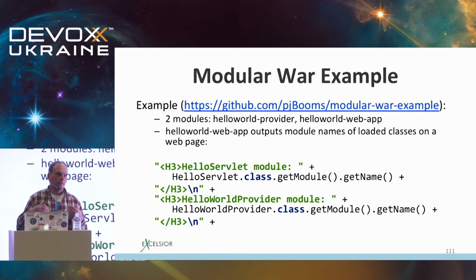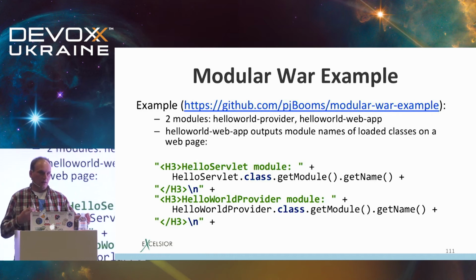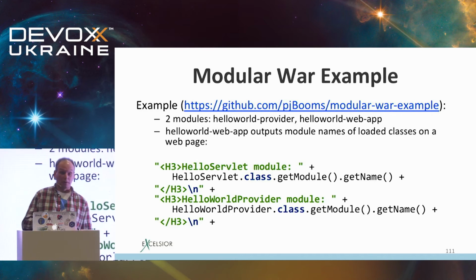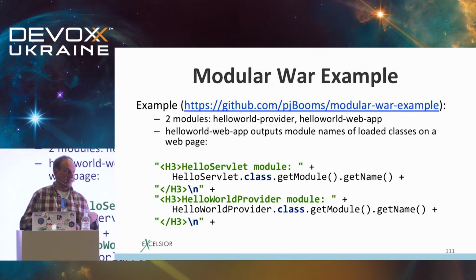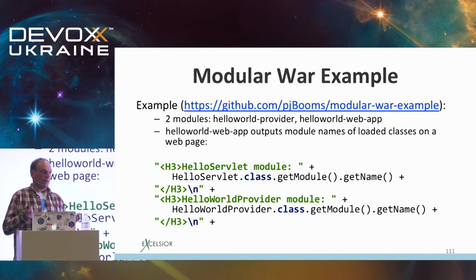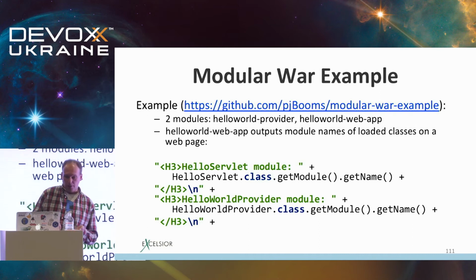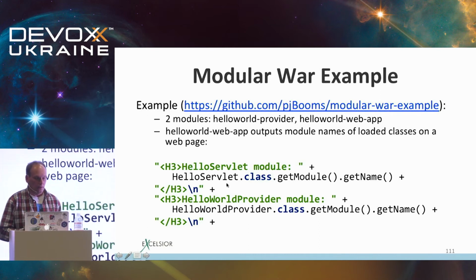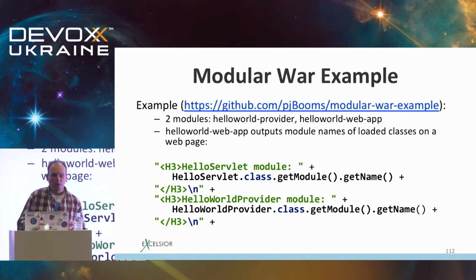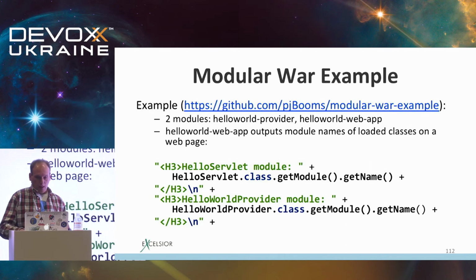It can be demonstrated by the following example. I created a classic modular hello world example that contains two modules. One provides the string hello world, and another outputs the string on a web page. But it also outputs module names of loaded classes of those two modules.